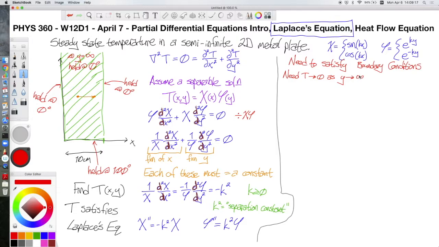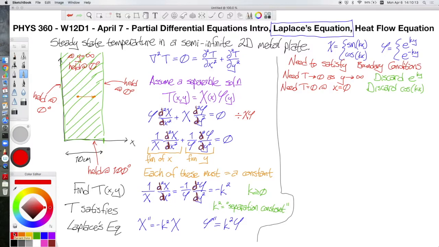Imagine plugging in y equals infinity to both of those options, and you can see that we're going to have to discard the e to the positive ky solution because it doesn't go to 0 at infinity. The next boundary condition is that the temperature needs to equal 0 when x is equal to 0. Here we can discard our cosine of kx solution because cosine of 0 is not 0.